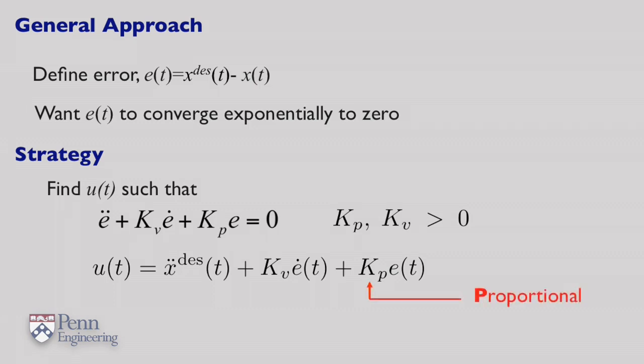So one is called the proportional gain, the other is called the derivative gain. And in addition, you need some knowledge of how you want the trajectory to vary. So you're feeding forward the second derivative of the desired trajectory. This is often called the feed-forward term. And this completes your control law, or the control equation, that you can then use to drive your motors.